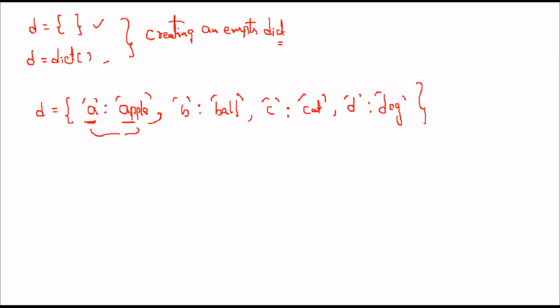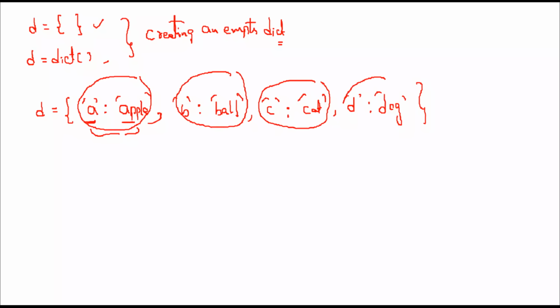A dictionary may contain any number of key value pairs. This is one key value pair, this is another, this is another, and this is another. Here you observe that all keys, A, B, C, D, are unique.